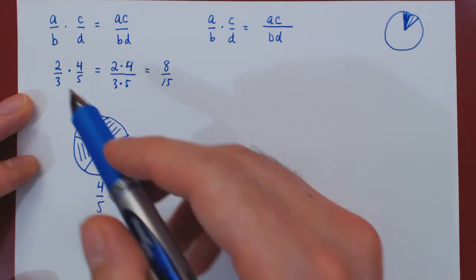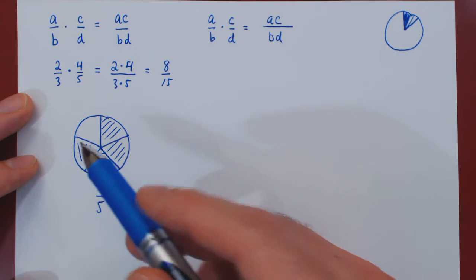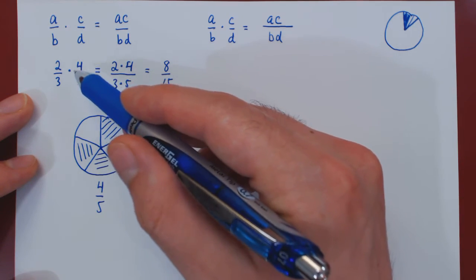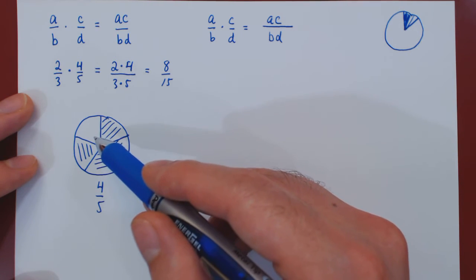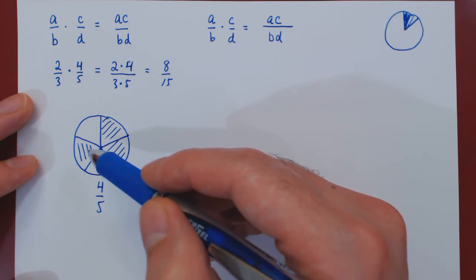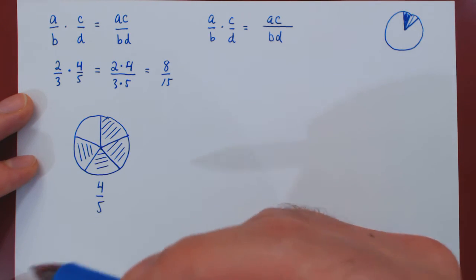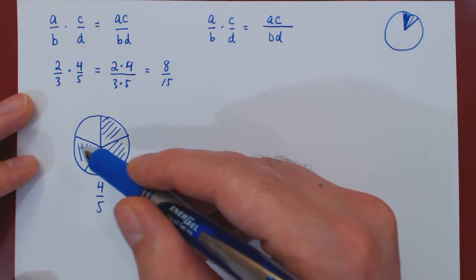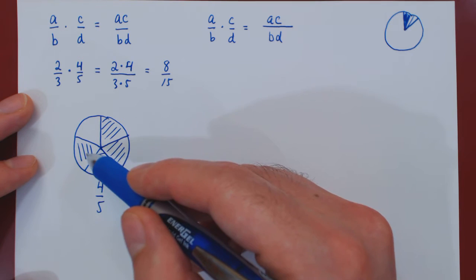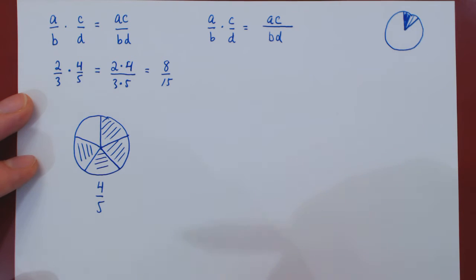But we don't stop there, because we're only ultimately taking 2/3 of this 4/5. If you take 2/3 of the whole, the whole being in our case now 4 over 5, so we ignore this part, as we're not taking 1, we're only taking 4 out of the 5 parts. And now we want to take 2/3 of this. If you take 2/3 of these 4 parts, the 4 parts have equal size, which means if you take 2/3 of the whole, you must take 2/3 of each individual part.